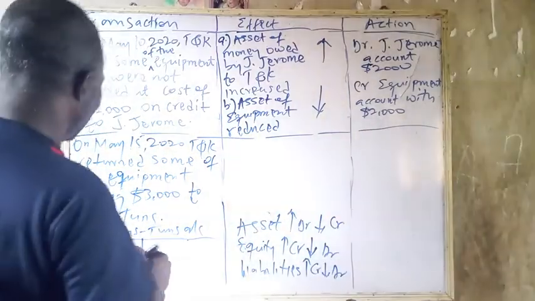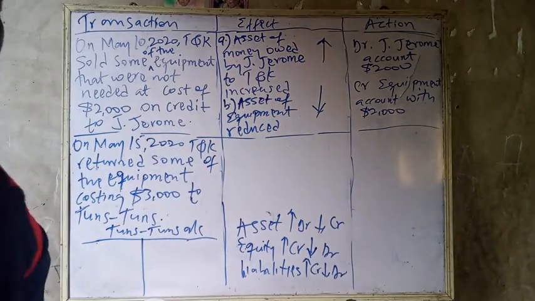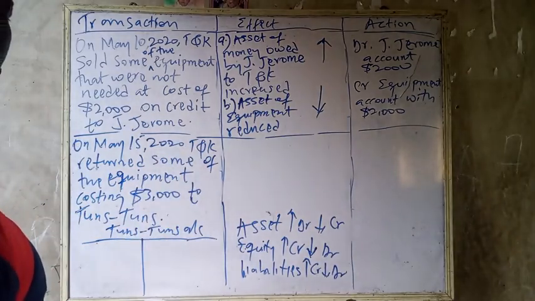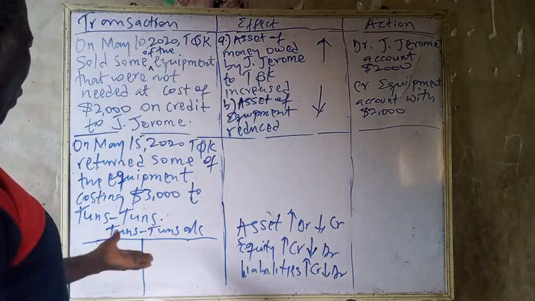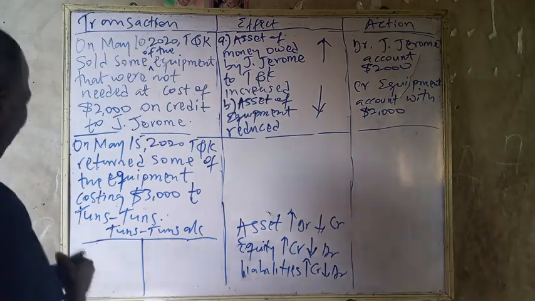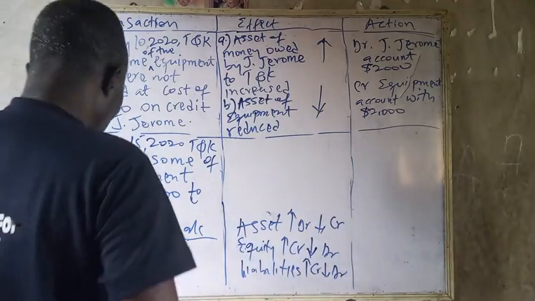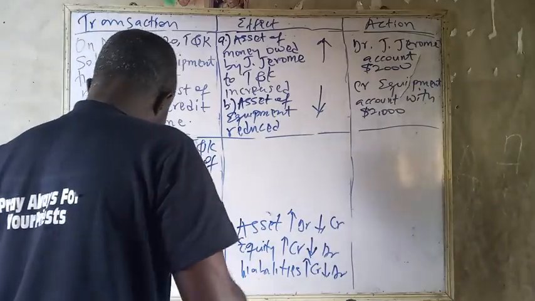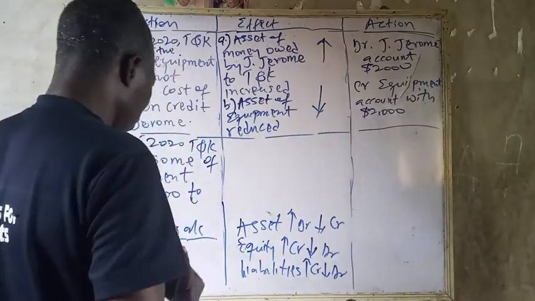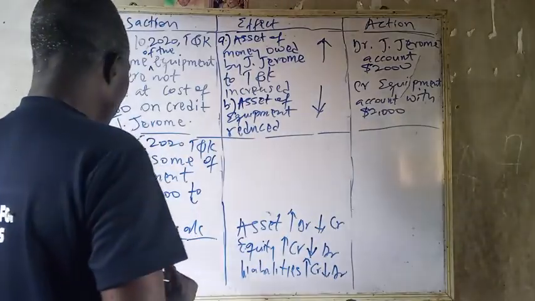So, assuming yesterday, we have now returned some of the goods to Toonstones. Toonstones account here was still, we bought from him 15,000. We sold part of it. We sold 3,000. We sold 2,000.